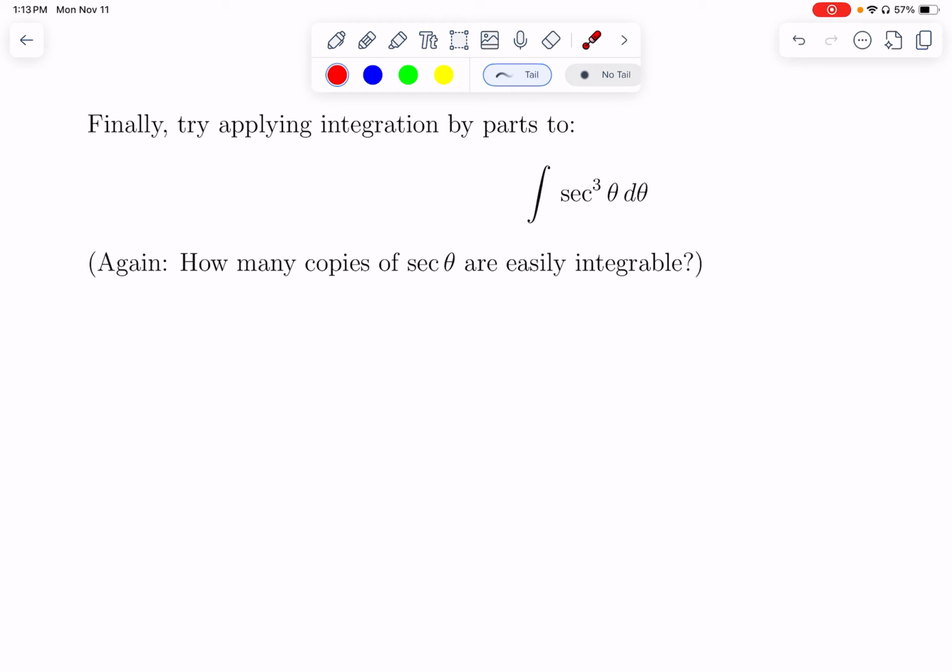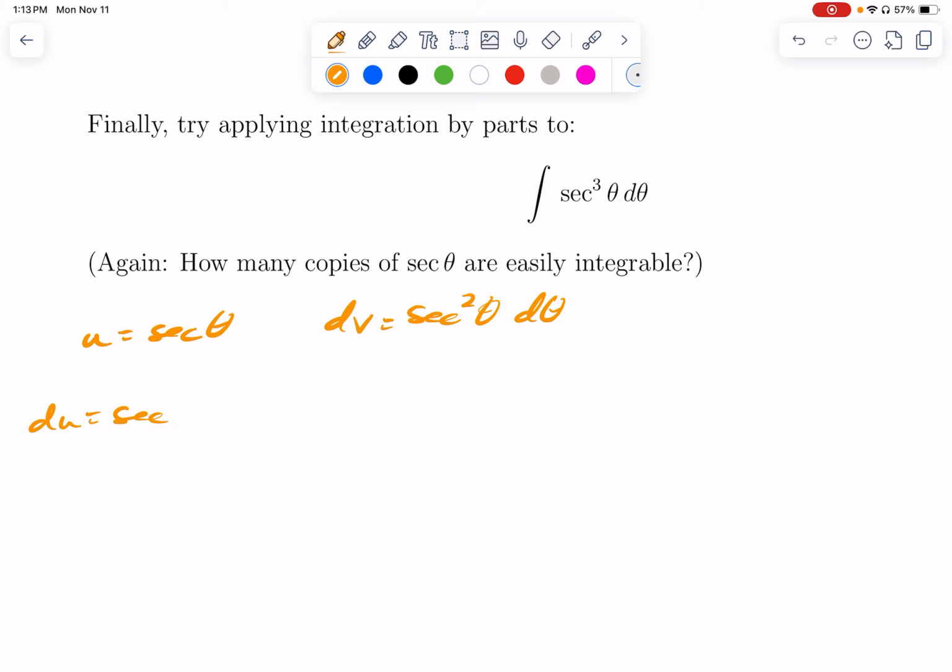Okay, so I'm going to say u is equal to 1 copy of secant, and then dv is secant squared d theta, because secant squared has an easy integral. Let's put 2 copies of secant into dv. So du would be secant theta tangent theta d theta. That's our derivative there. And then if I integrate here, I get tangent theta.